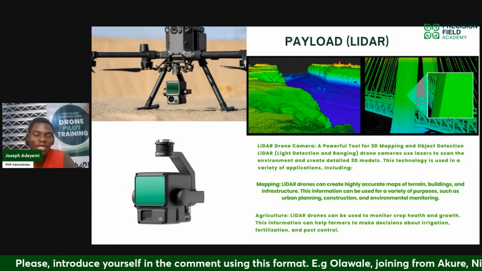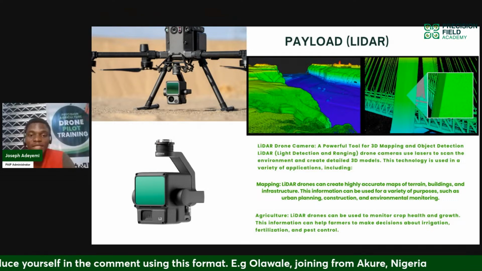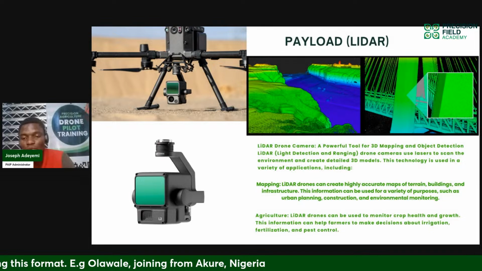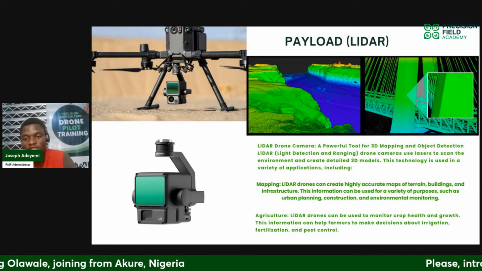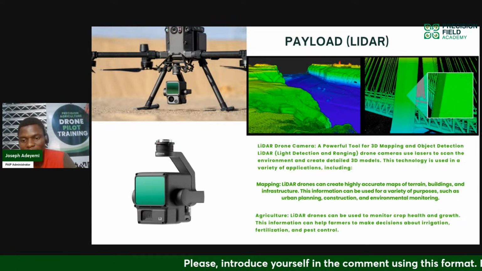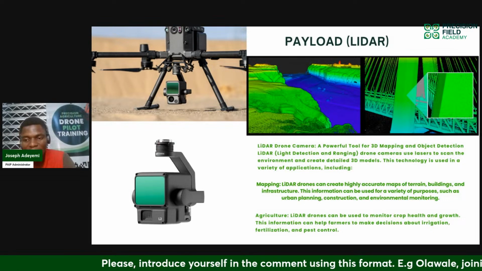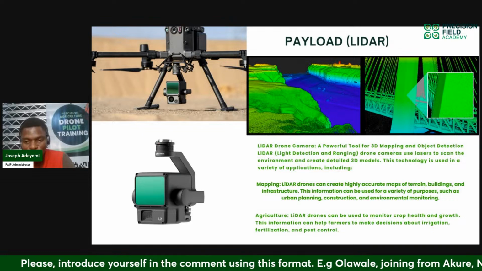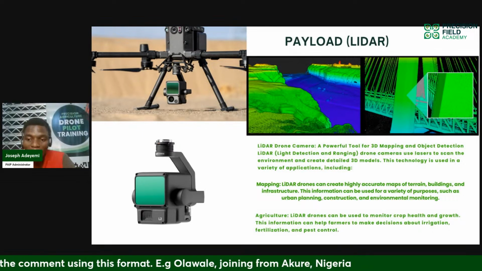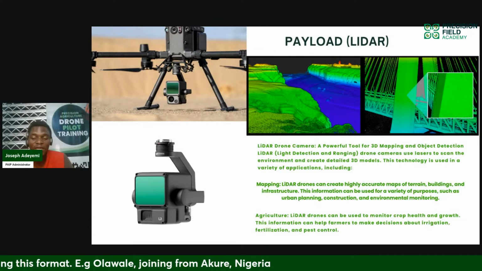That's more applicable in geospatial technology, whereby surveyors can use them to create highly accurate maps for terrains, buildings, and infrastructure. This information can be used for purposes such as urban planning, construction, even environmental monitoring.